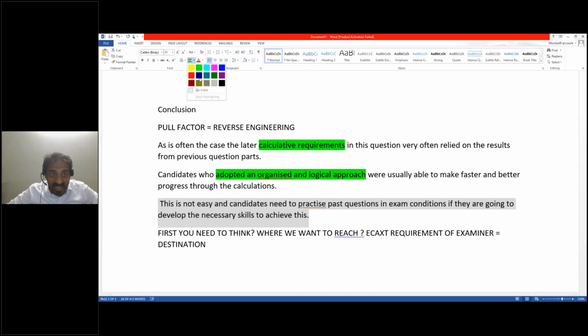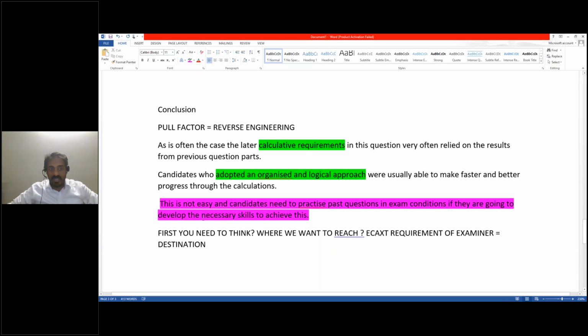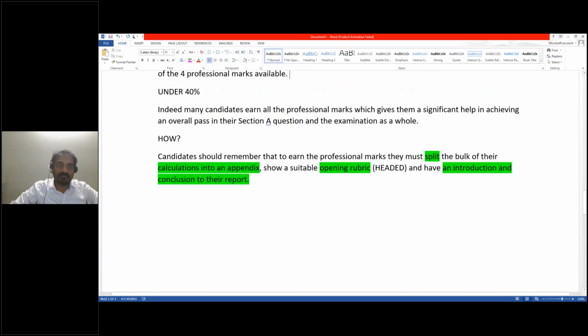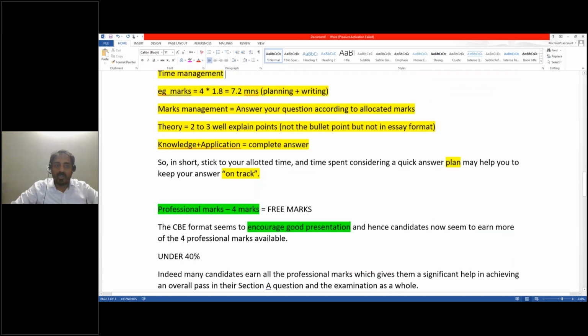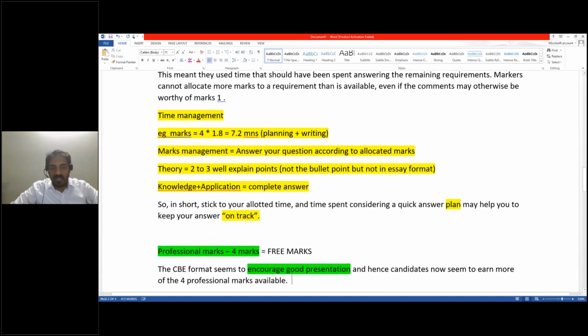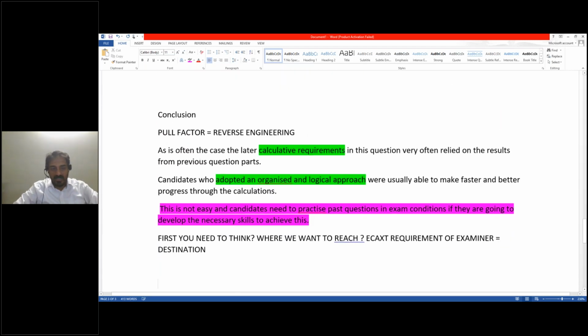Last one, this paragraph. This is the examiner's latest statement: this is not easy, and candidates need to practice past questions in exam conditions if they are going to develop the necessary skills to achieve this. Whatever the examiner told you, you have to practice.